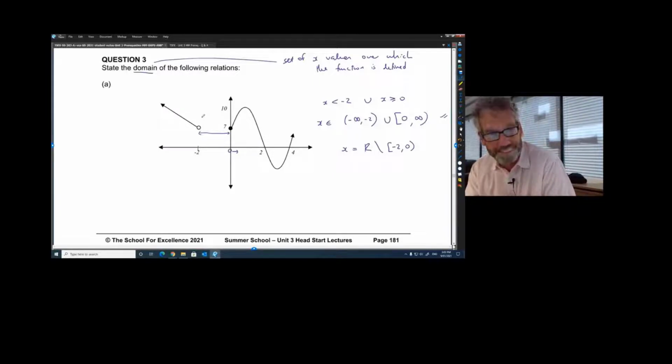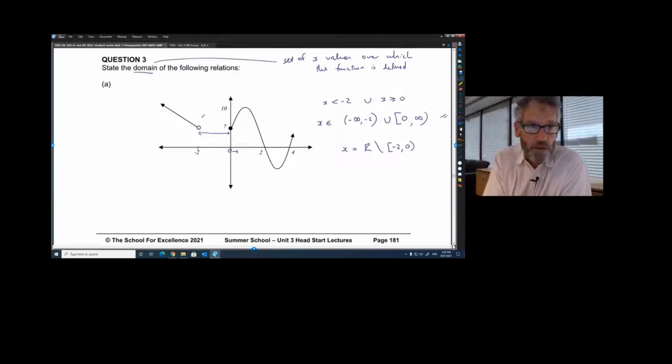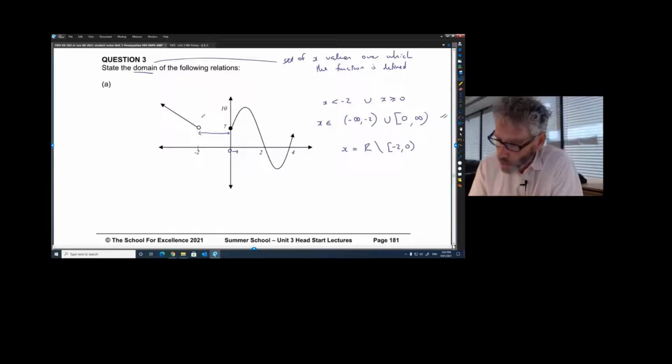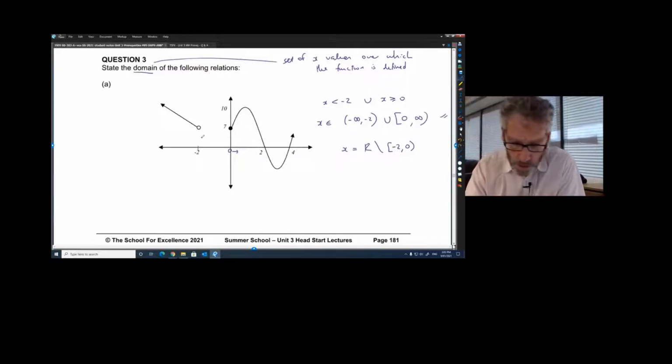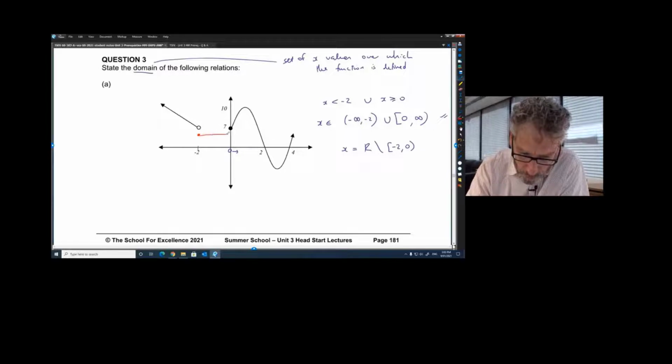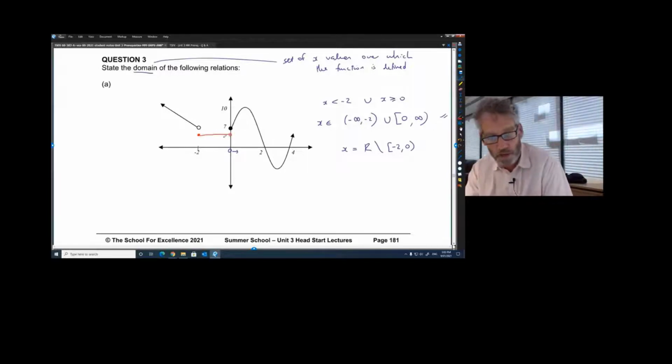So when I do real numbers except for, I want to make -2 part of my exception. So I square bracket the -2 and I round bracket the 0 because I want to exclude up to 0, but not including 0. So if this red bit that I'm going to draw is the exclusionary bit, I'm excluding from here through to there. That's why I've got the brackets the way they are.